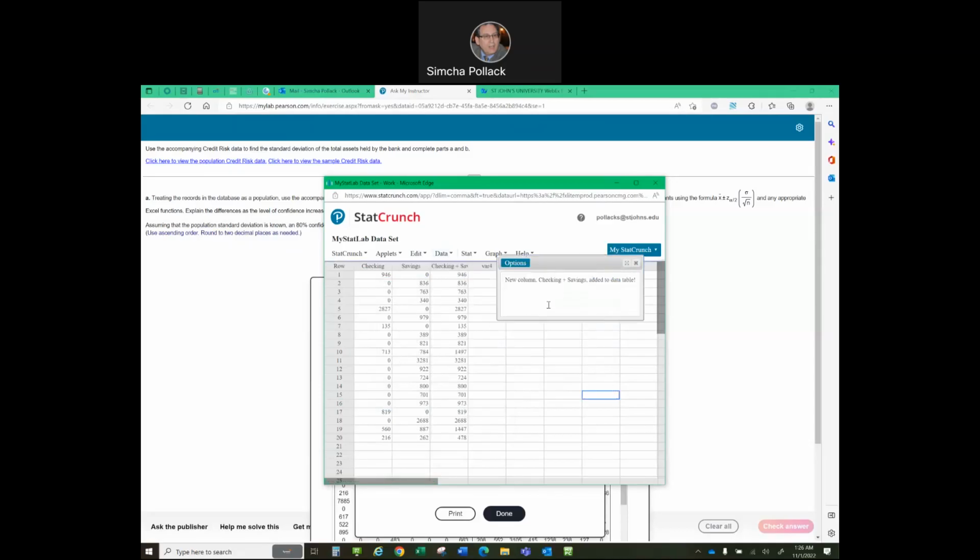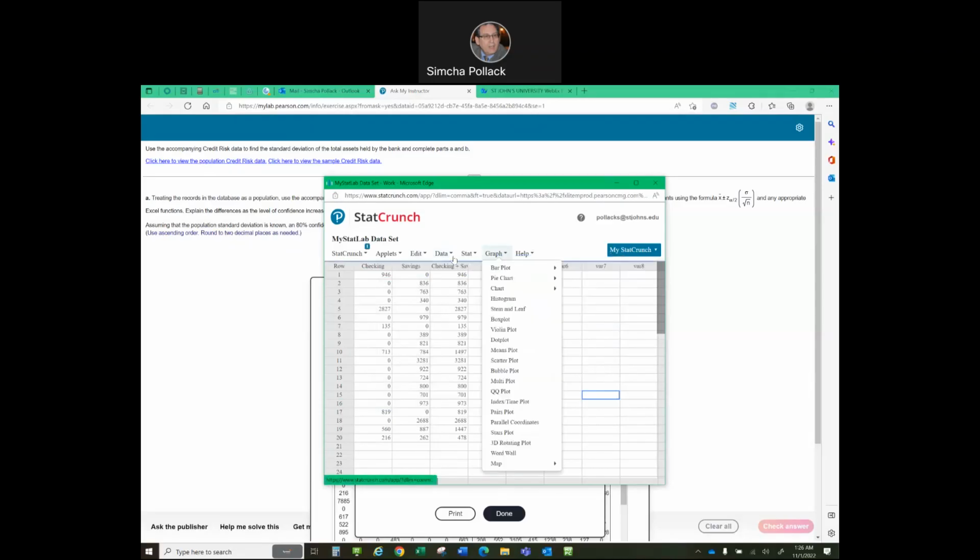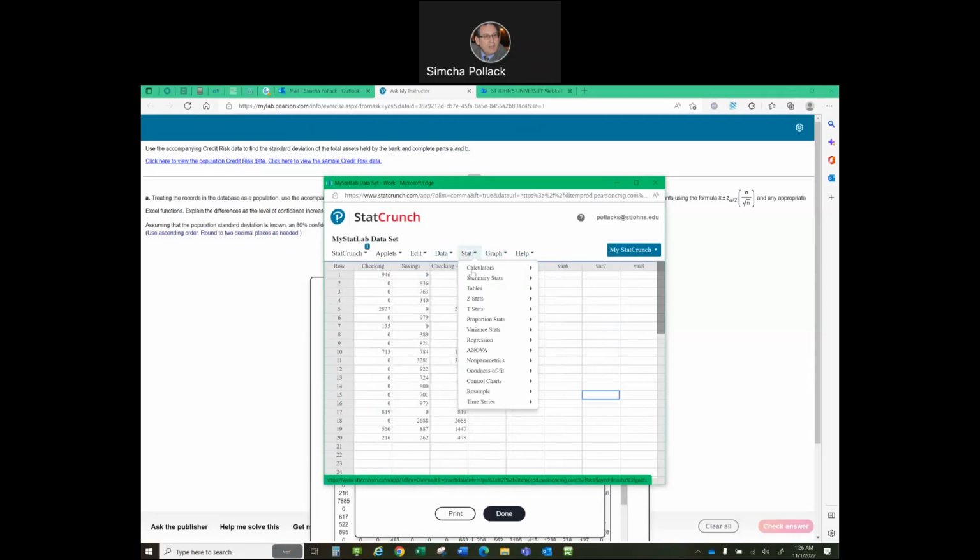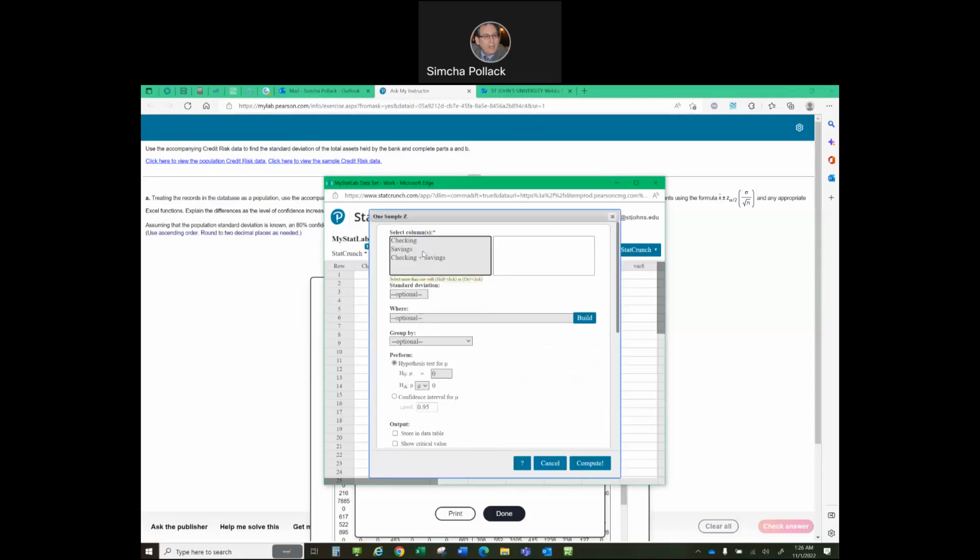And now we can calculate the 80% confidence interval the following way. You go to Stat, ZStat. Again, it's one of the rare times you're going to be going to ZStat. One sample with data, because we have the raw data. This is the column we're focusing on.